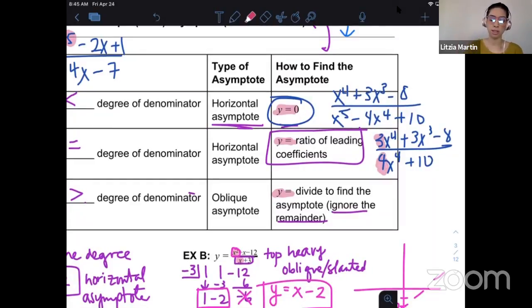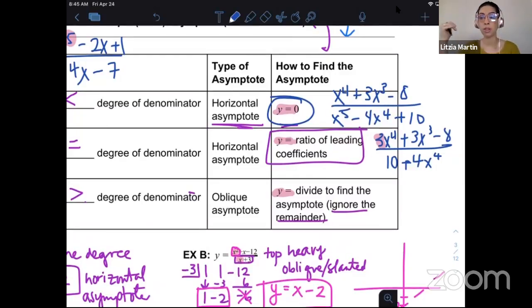And what we do is we look at the coefficient of those higher degrees. Now, sometimes, let's say maybe this is switched around. This is 10 plus 4x to the 4th. That doesn't change the rule. The rule still says you take the ratio of the leading coefficients of the highest degree.